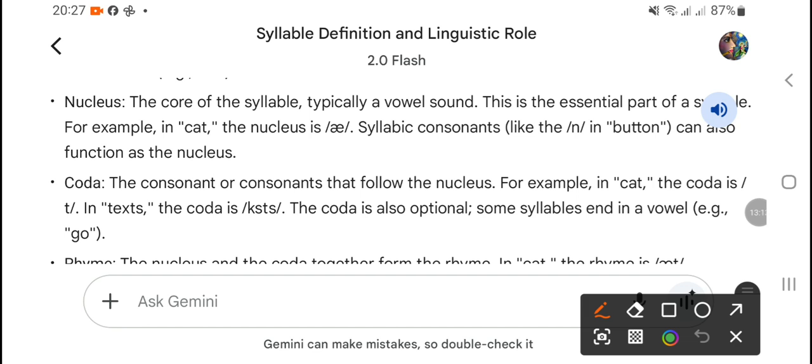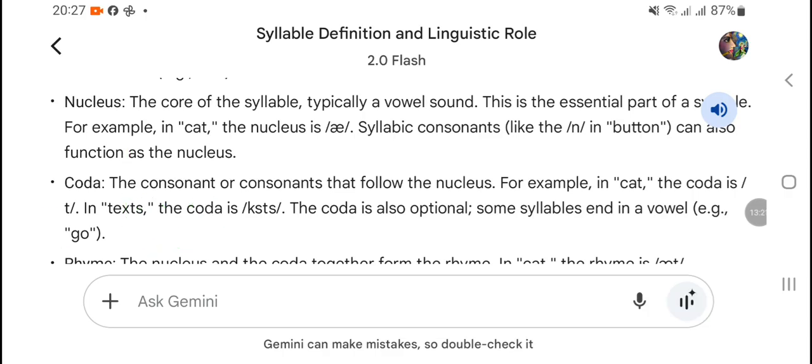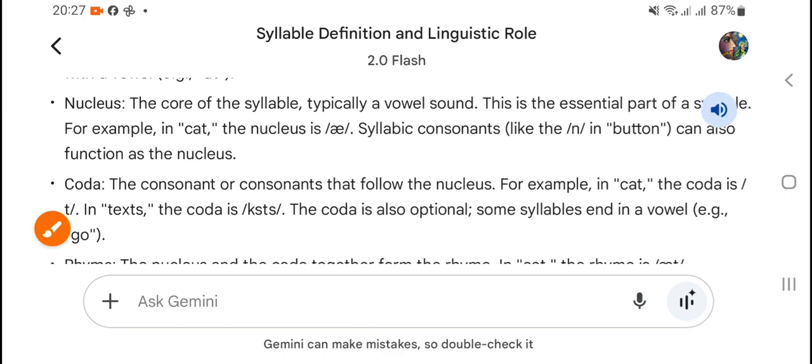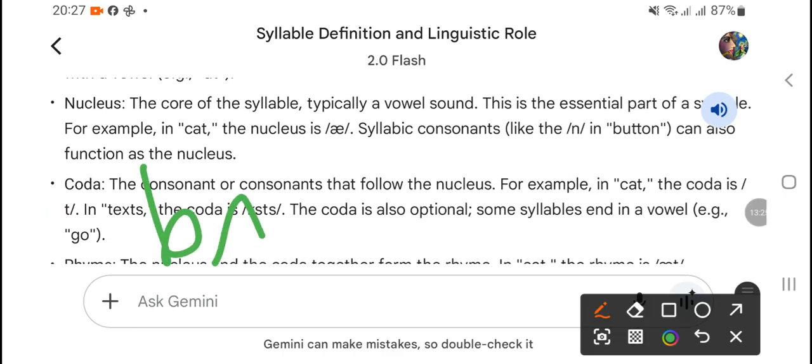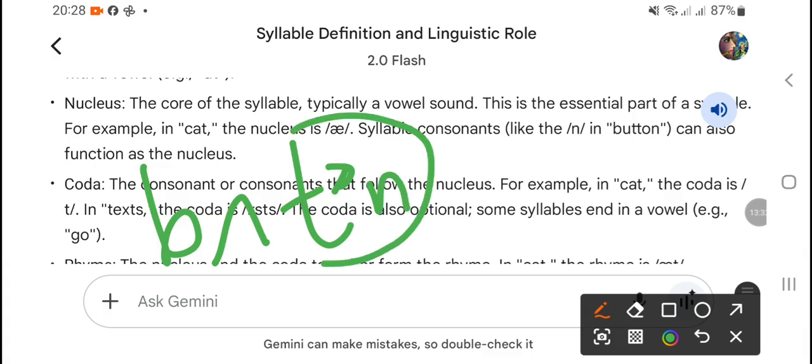That is important, you have to remember it. Actually, this E is very little, this N, so that's a ton. So here the nucleus is N. Why?